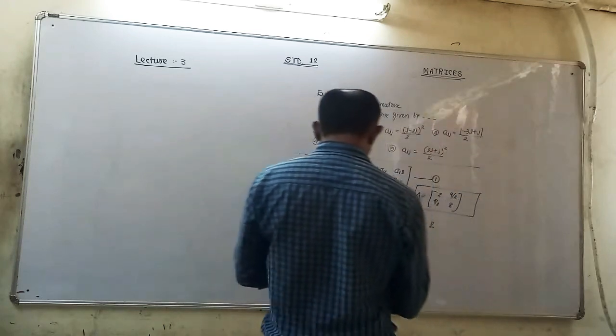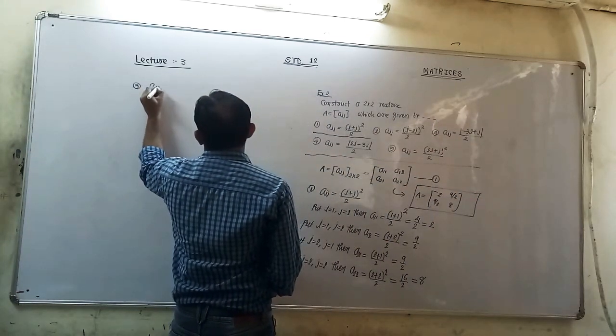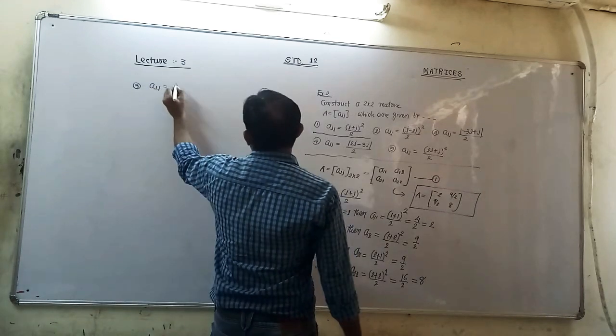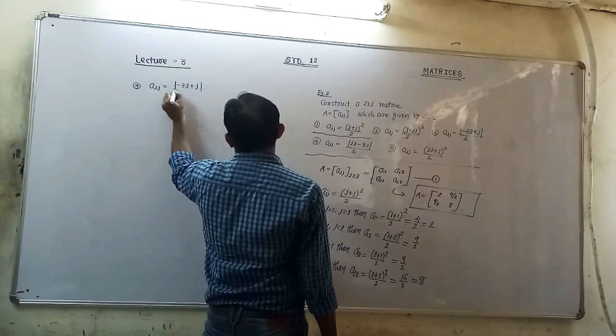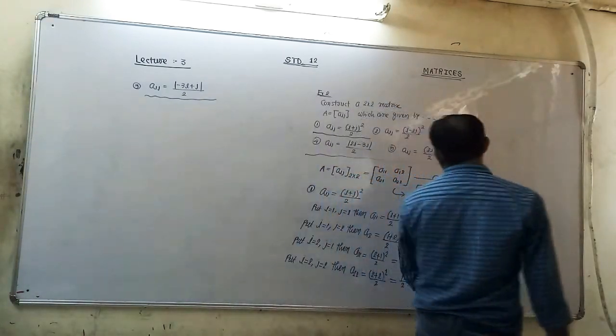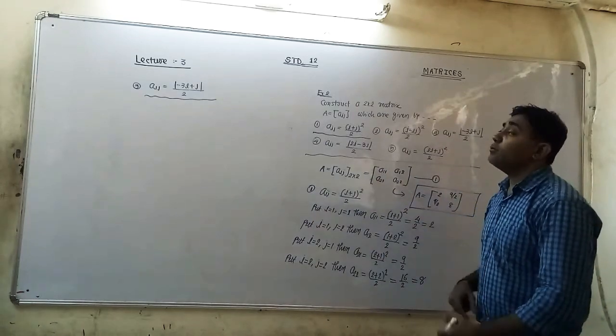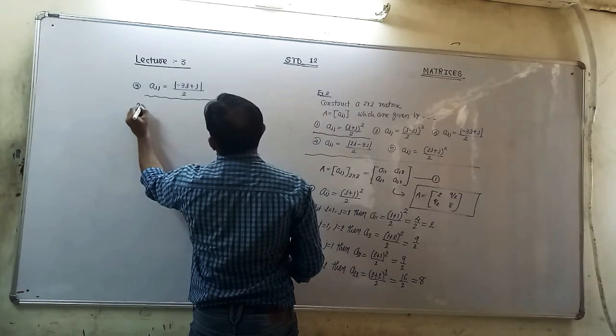In this question, Aij is modulus of (minus 3i plus j) divided by 2, right? It is given here. Again, we try to put all these values, A11, A12. What is a 2 cross 2 matrix?